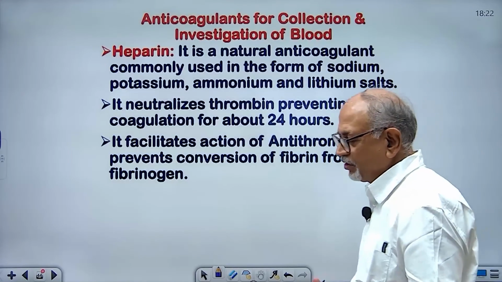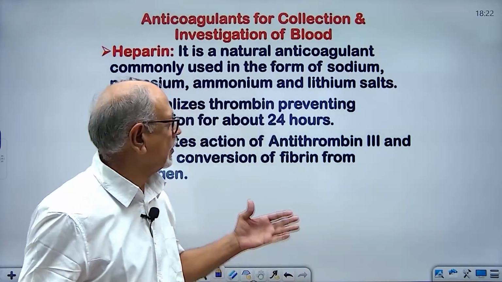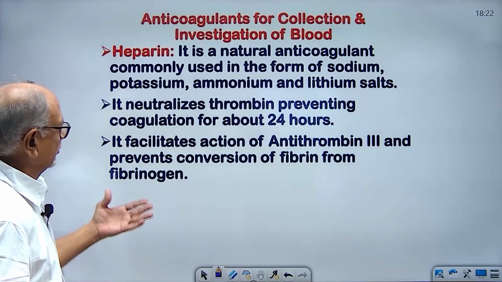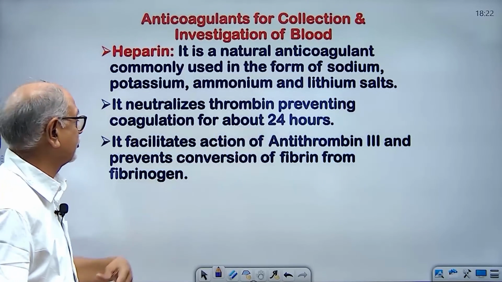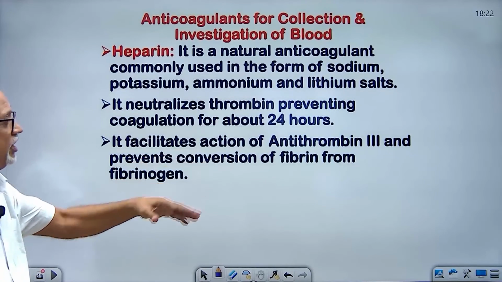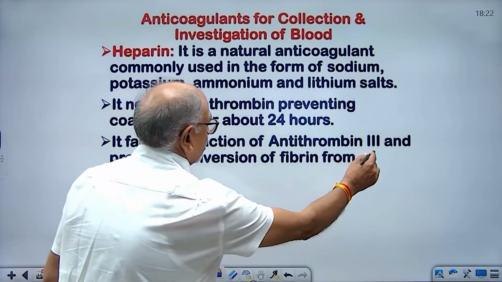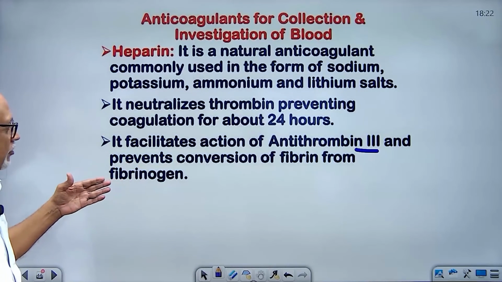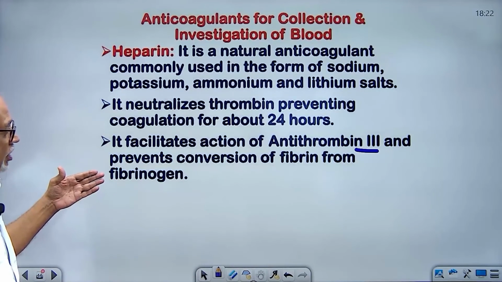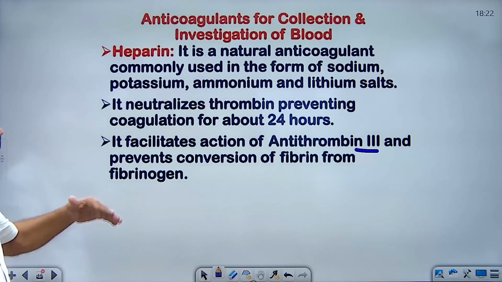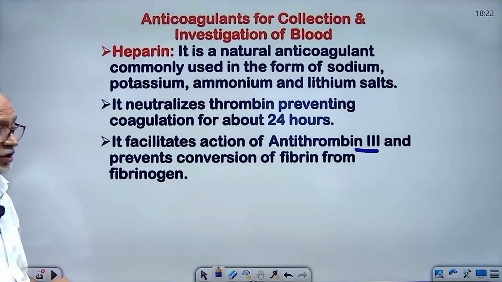It neutralizes thrombin, preventing coagulation for about 24 hours. It facilitates the action of antithrombin 3 and prevents conversion of fibrinogen to fibrin. So, in this way, heparin acts as a natural anticoagulant.